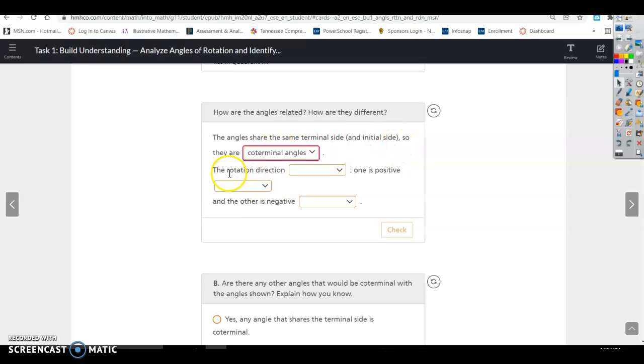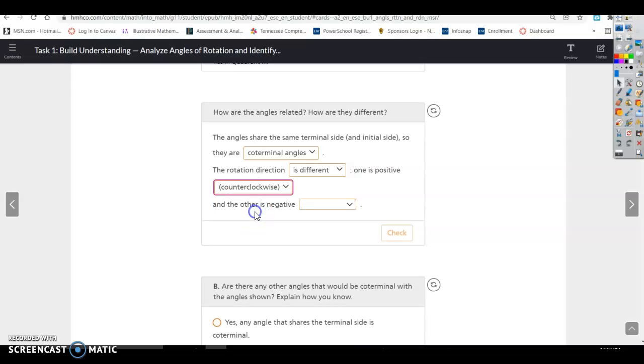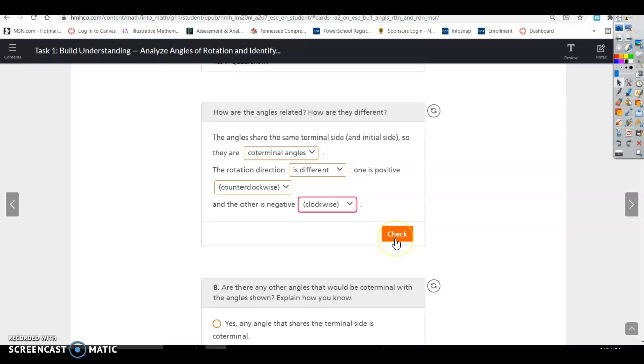The rotation direction is different. One is positive, which is counterclockwise. Remember, if it goes in the positive angle, it's going to be counterclockwise. And the other is negative, which goes clockwise.